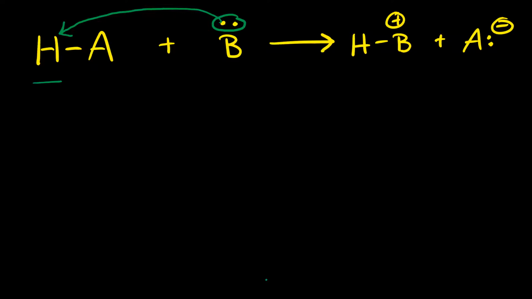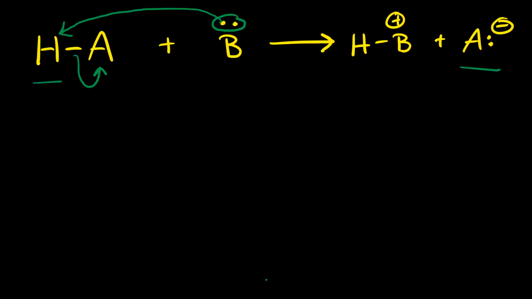Since this proton cannot have two bonds at once, it needs to break the bond between itself and A. And so the sigma electrons that were being shared between the two are now going to migrate over to A, and that's what's forming the conjugate base over here.